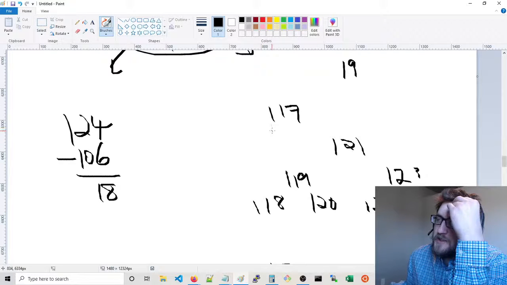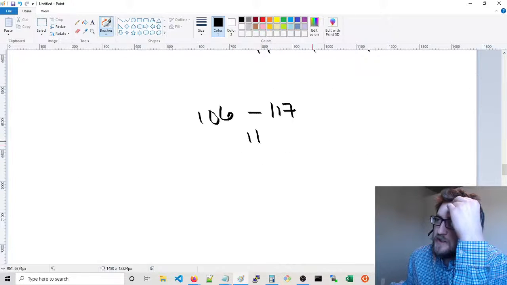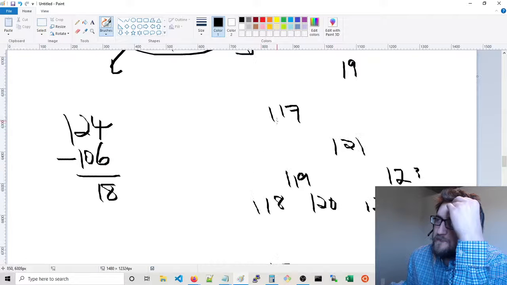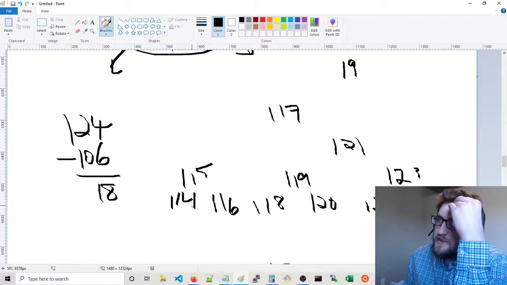So 117, and then there are 3 on the right over here, which would be 116, 115, and 114.